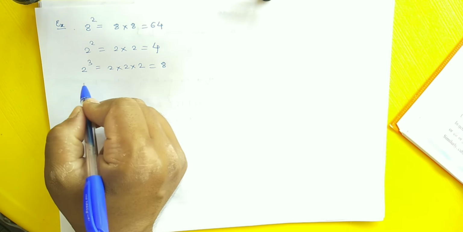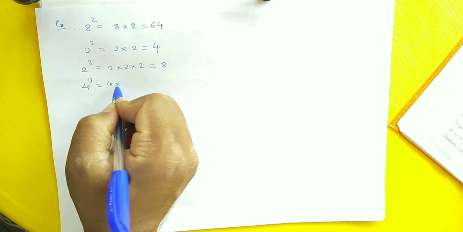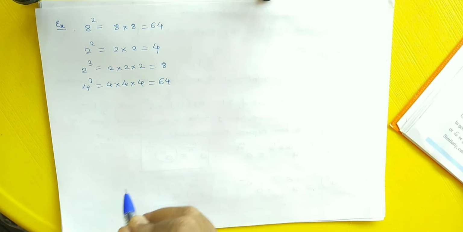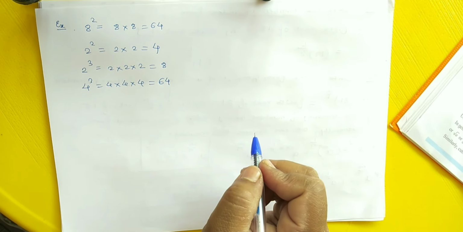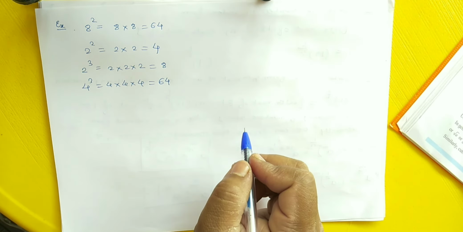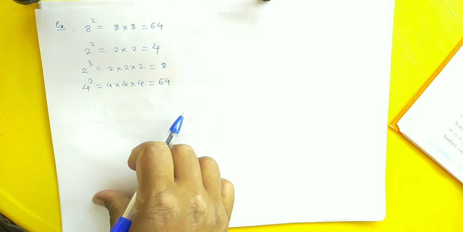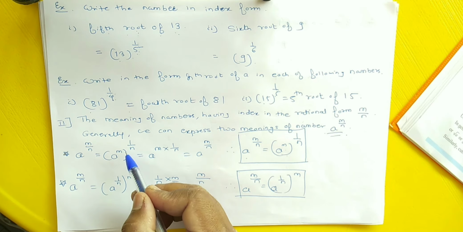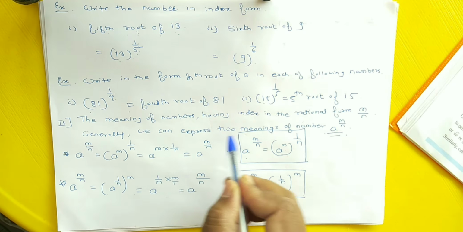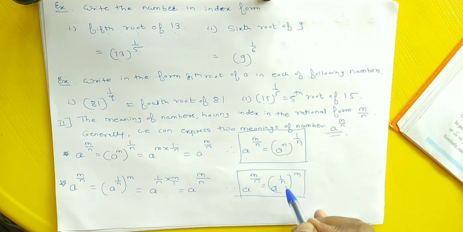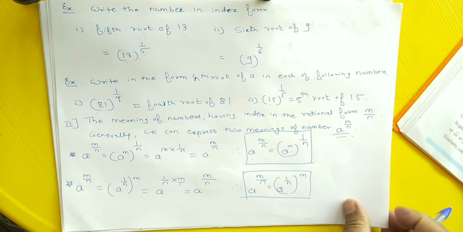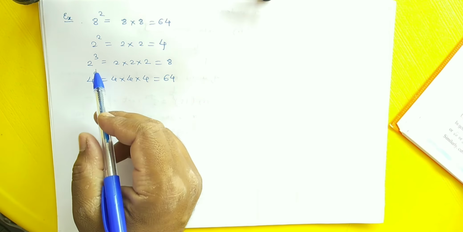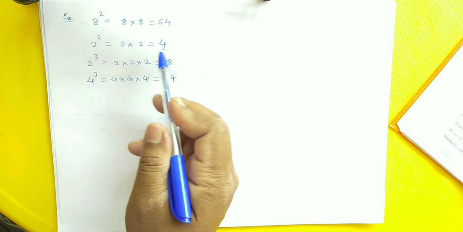Suppose 4 cube, 4 into 4 into 4, which is equal to 64. Why I am taking this? Because I am going to explain how we are using this rule. Here we want to write a to the power m by n in these two forms, and for that I am considering one example, which requires 8 square is 64 and 2 square is 4.